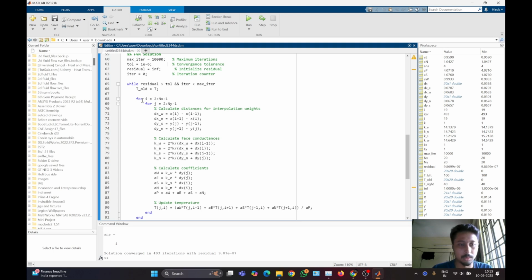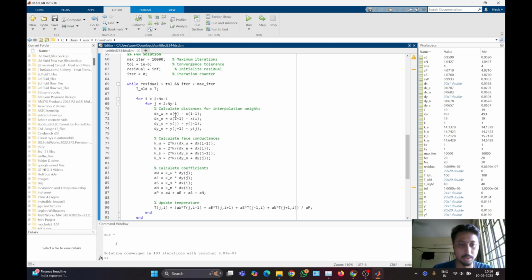We start our while loop, which runs from 2 to nx minus 1, starting from the grid point next after the face, excluding the face grid points. We have taken it in the west, east, south, and north directions.